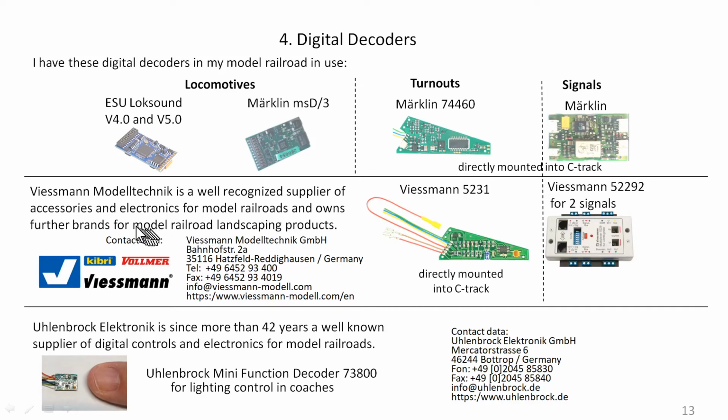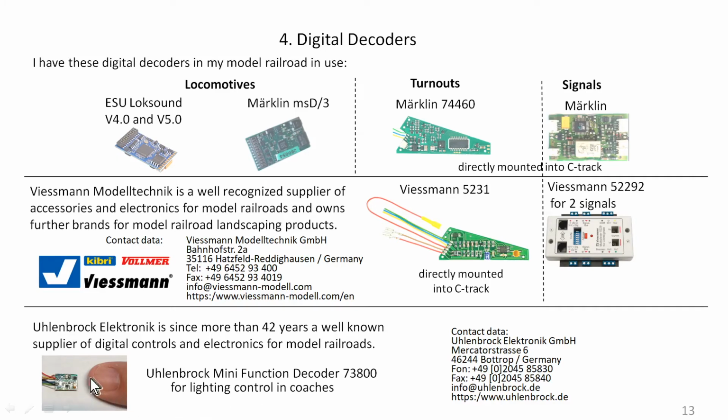Viessmann is another electronics supplier for model railroads, but has two other brands for landscaping and building on model railroads. 15 of my 44 trains are passenger trains with coaches, and there is lighting in these coaches, which I control through a separate decoder in each of the trains to switch the lights on and off independently.